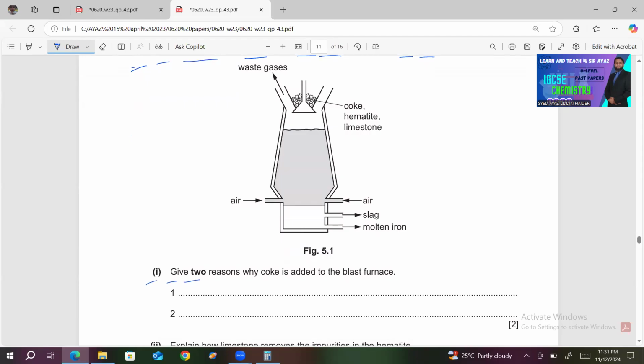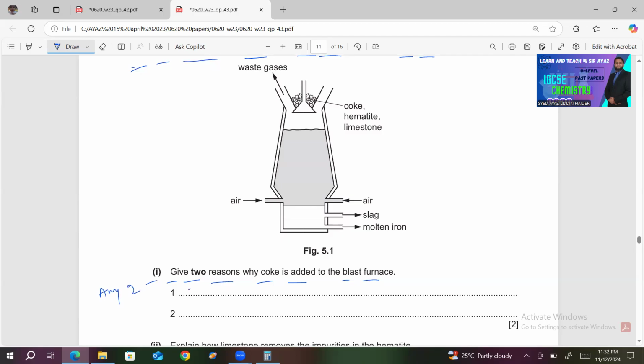Number 1, give 2 reasons why coke is added to the blast furnace. Now, coke is used to reduce iron(III) oxide, or it reacts with carbon dioxide to form carbon monoxide, that is CO. It's also responsible for releasing heat. So you can write any 2 from these.